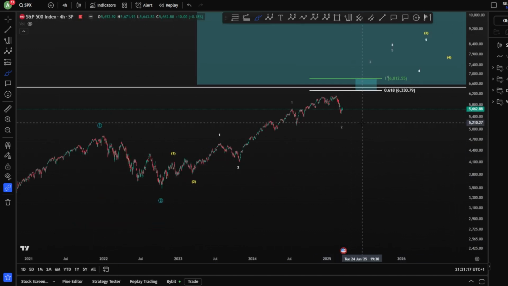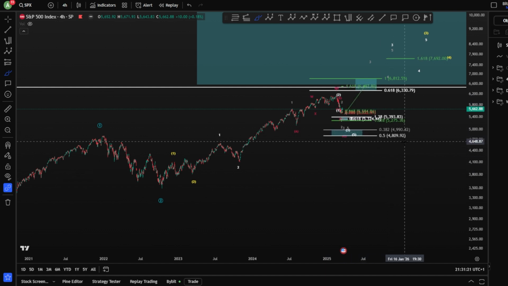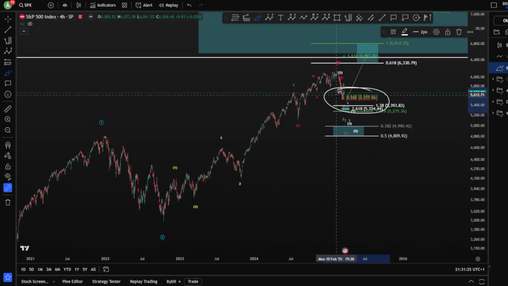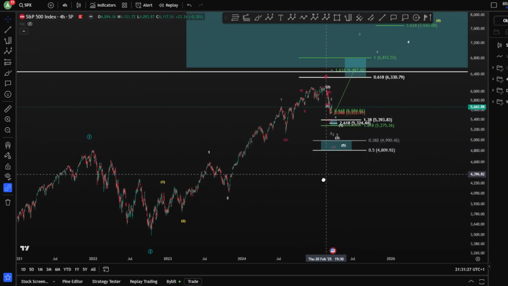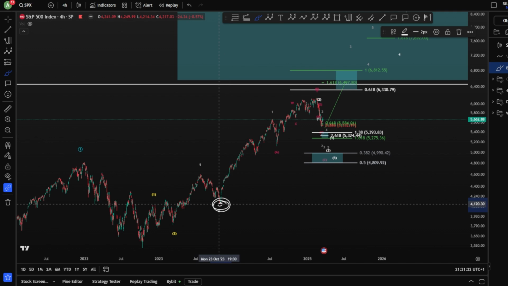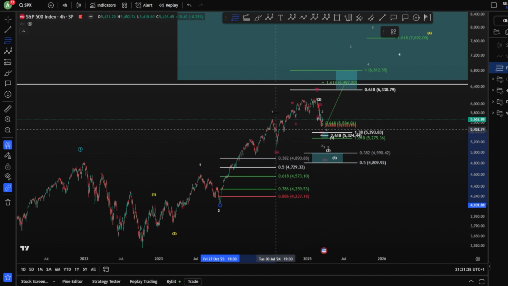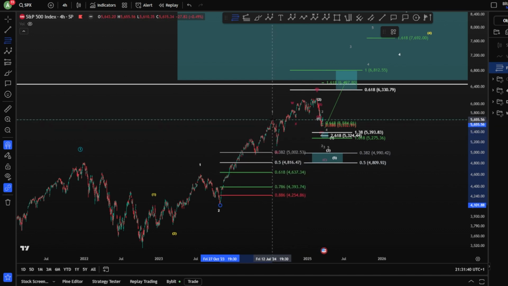Why? Because a wave 2 normally would dive deeper. It would like to take this level, the 0.38. If we take only this level, therefore this is definitely a wave 4, and taken from this wave 2 here, that will give a much more exact fib level.